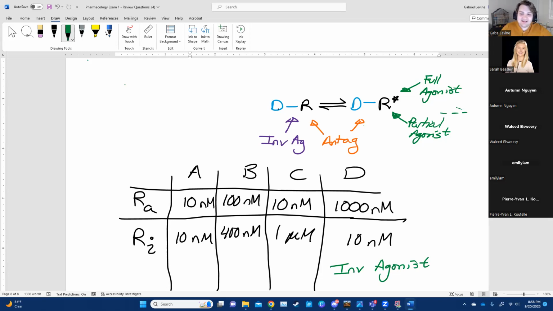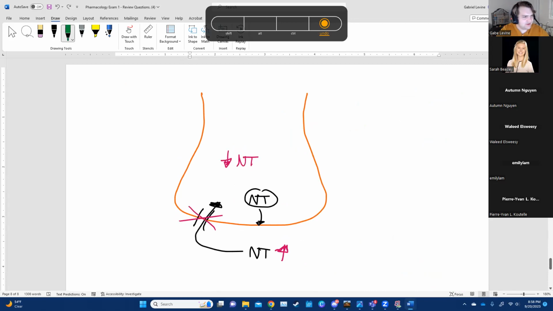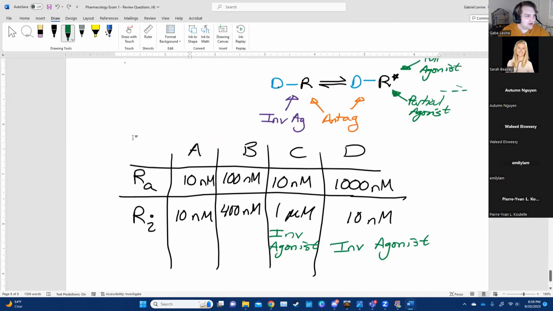Looking at C, same thing, right? It has a much higher affinity for the inactive receptor than for the active receptor. So this would as well be an inverse agonist. Unless nano is, no, micro is larger, right?